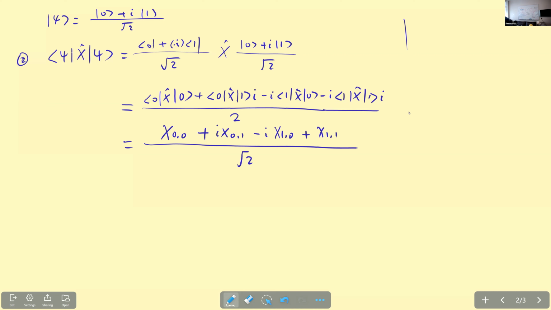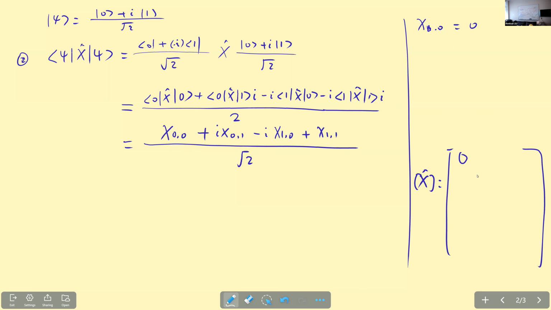But the matrix element x00 is equal to 0, right? Because remember, the x matrix is something like this. All the diagonals are 0. And this is square root of 1, this is square root of 1, this is square root of 2, this is square root of 2, and so on and so forth, right?